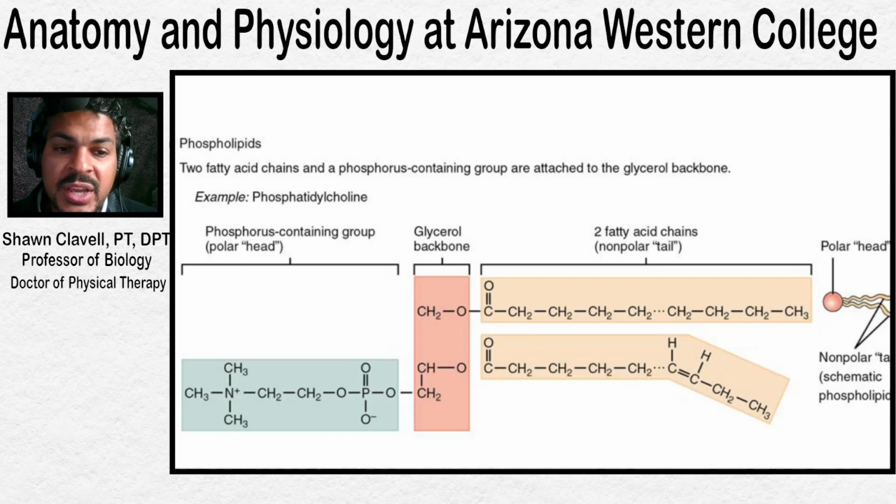The fatty acid chains, which are nonpolar, are hydrophobic, and the head and the tail regions have different properties, which are important in cell membrane structure. So remember, the phospholipids have a hydrophilic head and a hydrophobic tail.